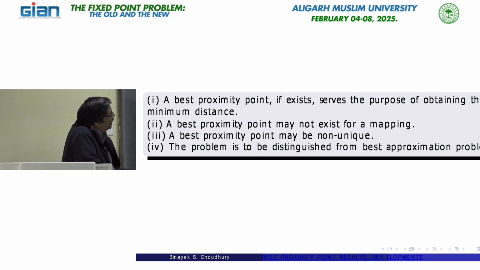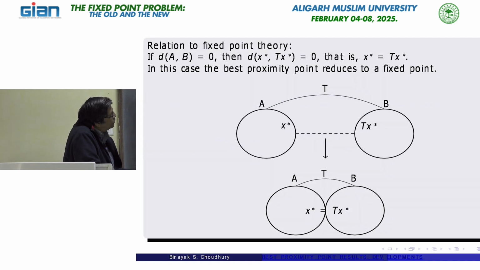So, how is it related to fixed point? Look at it. Now, suppose d(A,B) is equal to 0 here. What happens? This point x* becomes Tx*.